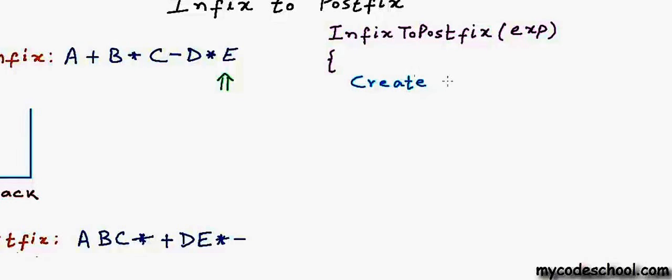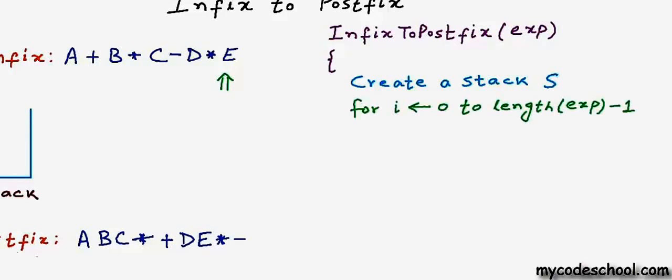In an actual implementation, you can assume them to be tokens of multiple characters. So in my pseudocode here, the first thing that I'll do is create a stack of characters named s. Now I'll run a loop starting from 0 till length of expression minus 1.